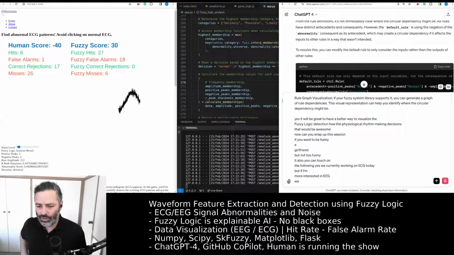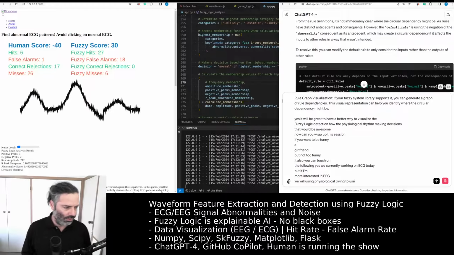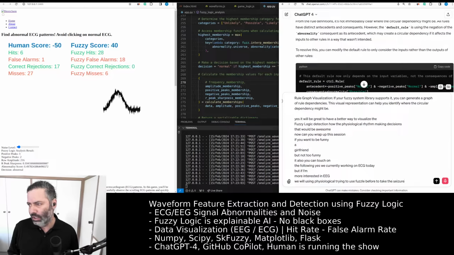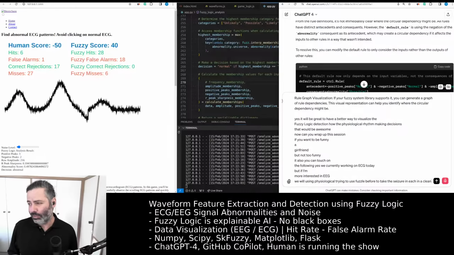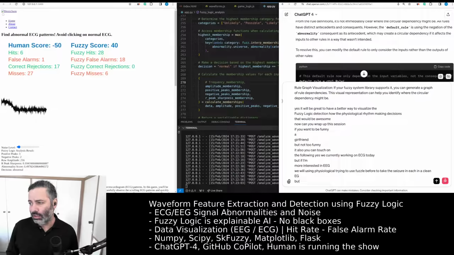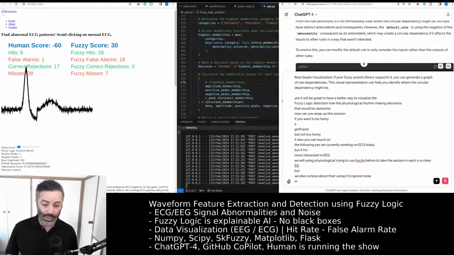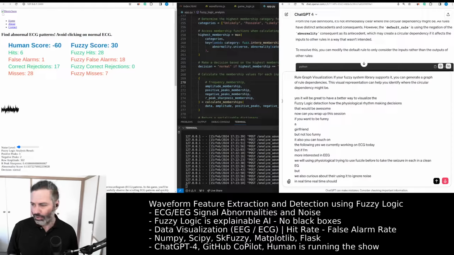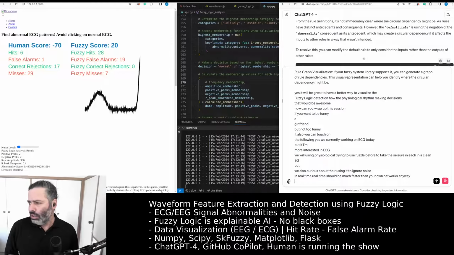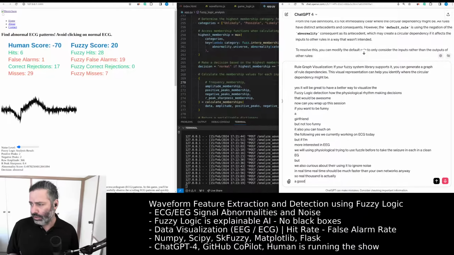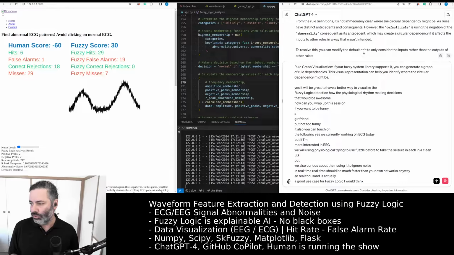We were trying to use fuzzy logic before to detect the seizure in EEG, in a clean EEG. But we're also curious about using it to ignore noise in real time. Real time should be much faster than neural networks anyway. So real time is actually a good use case for fuzzy logic, I would think. Let me know what you think.